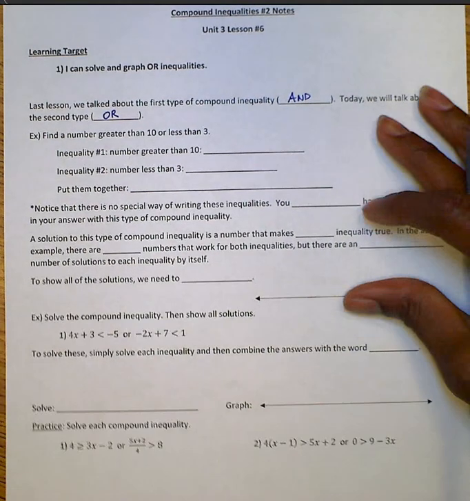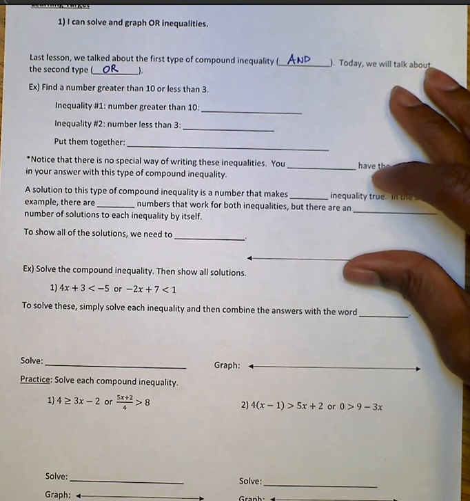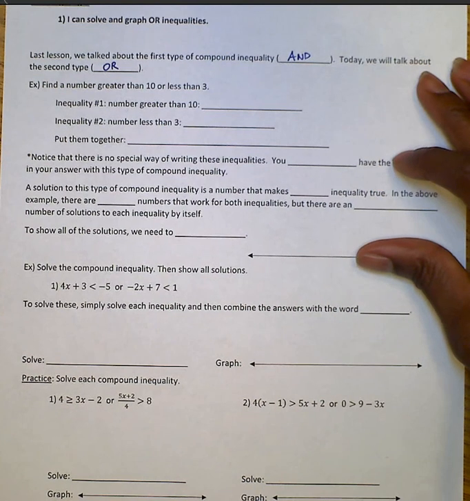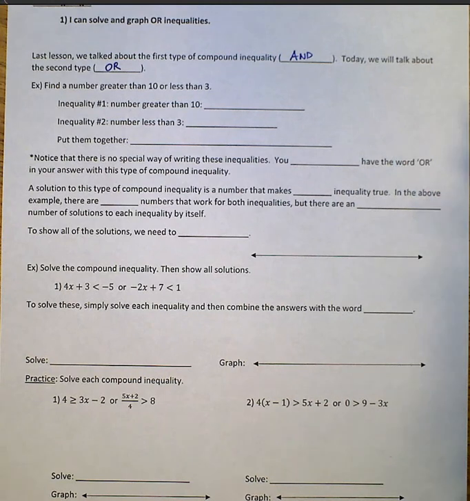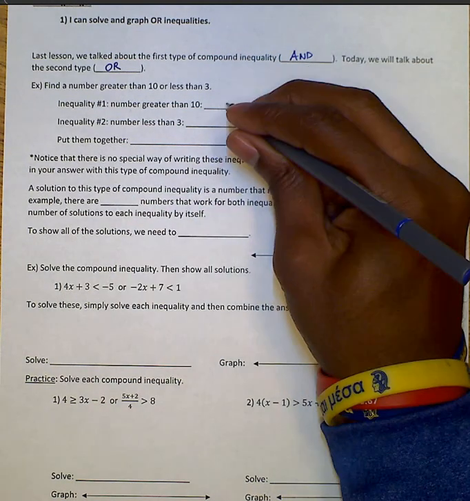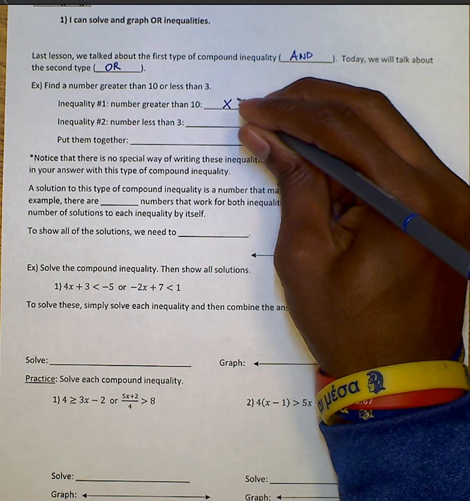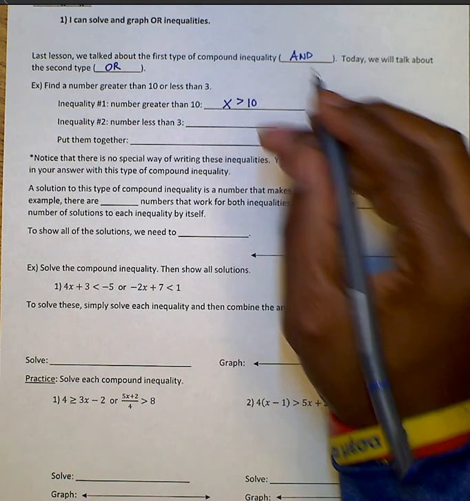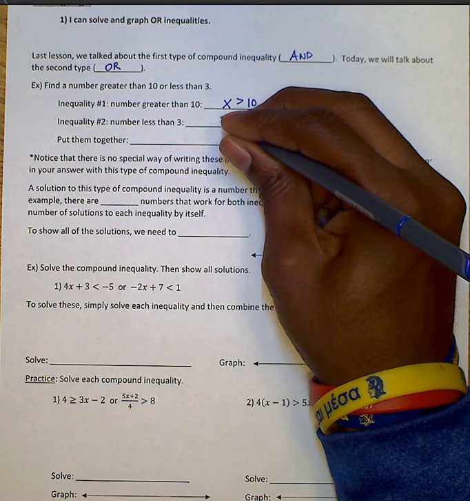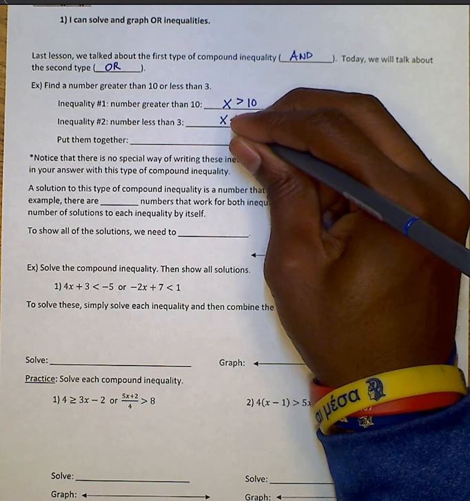First example says find a number greater than 10 or less than 3. So a number greater than 10, we could say x is greater than 10, and a number less than 3, x is less than 3.